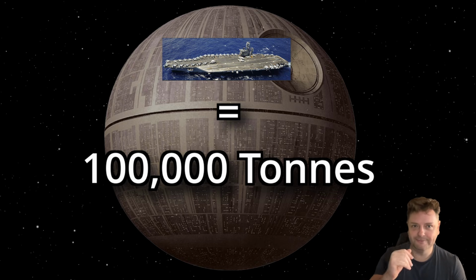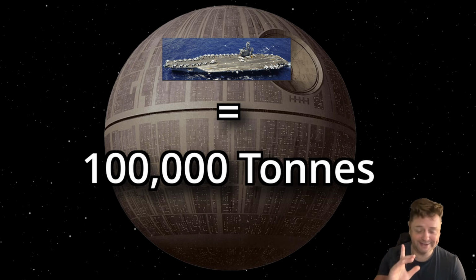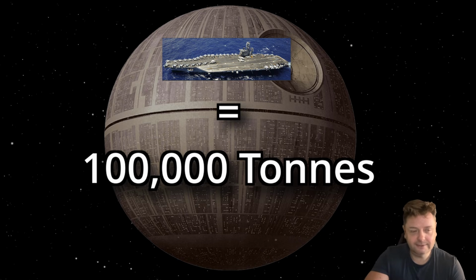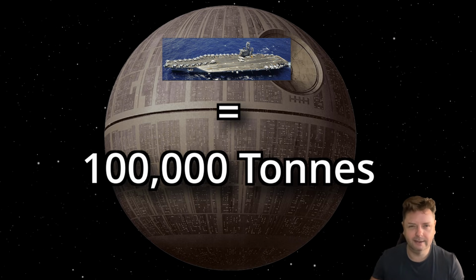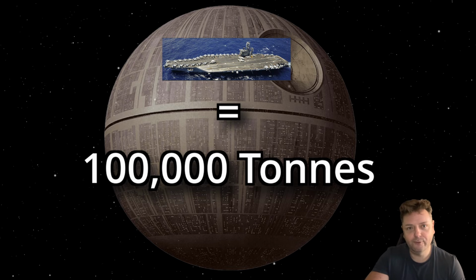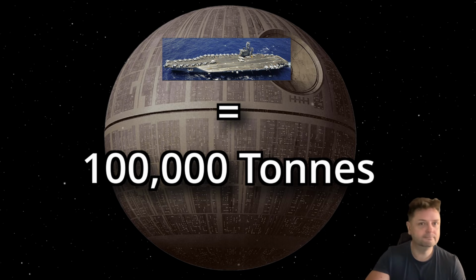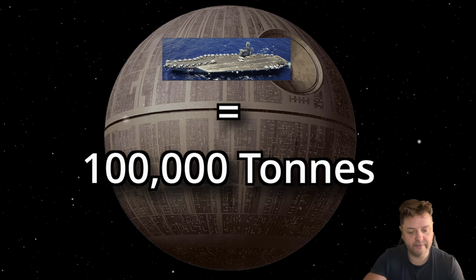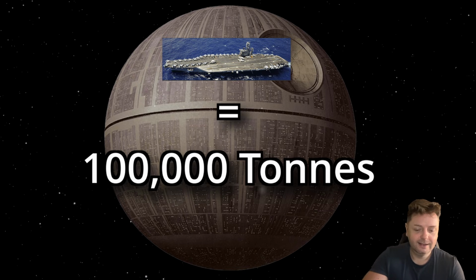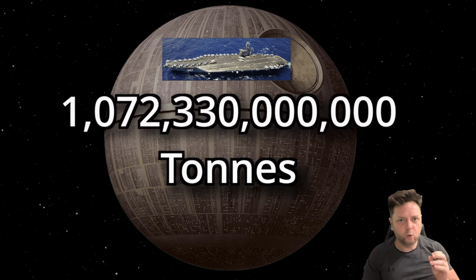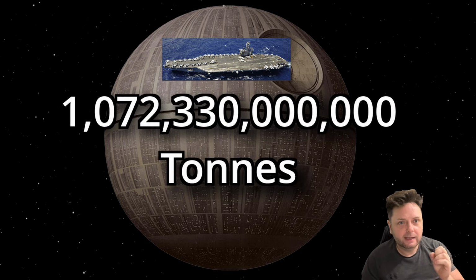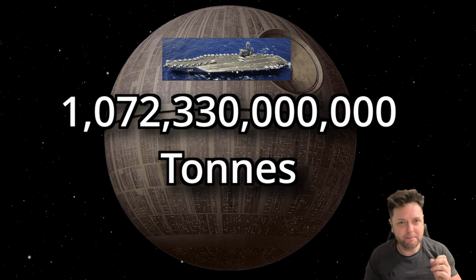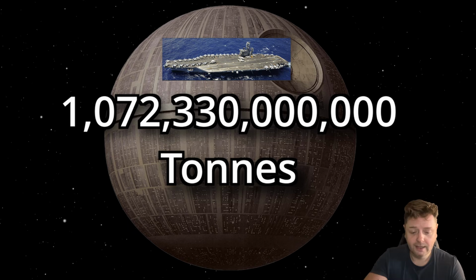Now, the Death Star is obviously in space, so its weight is kind of meaningless, but if we were to equate its weight to the gravity of Earth, our 1g of gravity, it would weigh 1,072,330,000,000 tons.